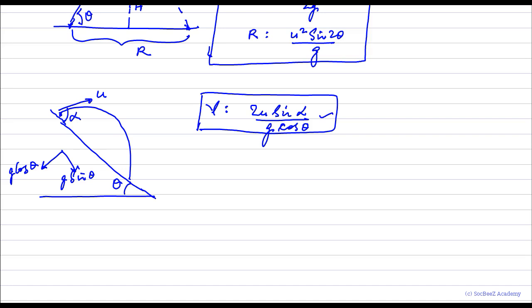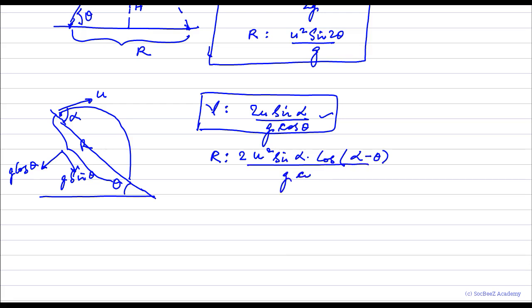And the range along the inclined plane for this projectile is going to be given by 2u squared sine alpha into cos of alpha minus theta upon g cos squared theta.